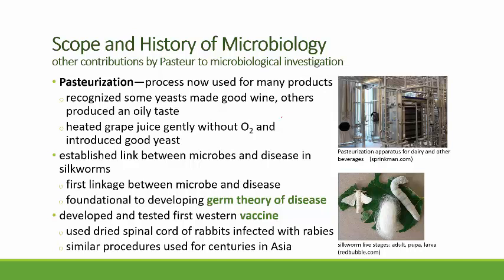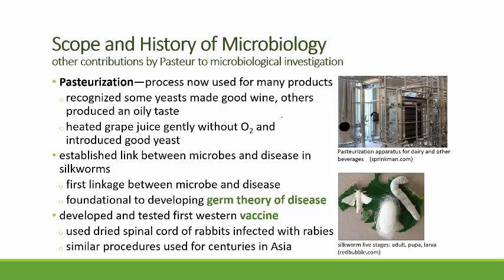And pasteurization, well, Pasteur came up with these processes because he recognized that sometimes wine turned out really well. So some yeasts make really good wine, and remember, it's yeasts that are responsible for making the alcohol as wine ferments, while other yeasts produce wines with kind of an off flavor, kind of an oily taste to them.